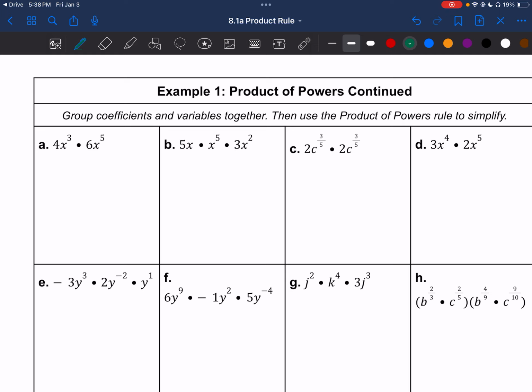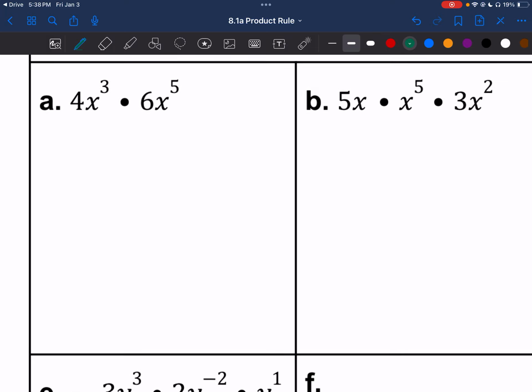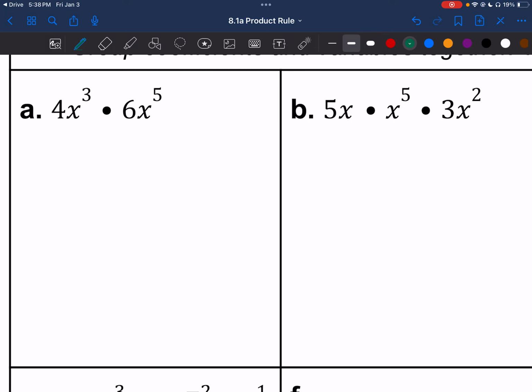So we can group our coefficients together, and we can group our variables together. So the first thing I'm going to do is group the coefficients. So we have a 4 and we have a 6, right? So we're going to mark those off that we've dealt with those. And so now we have x to the 3rd and we have x to the 5th.